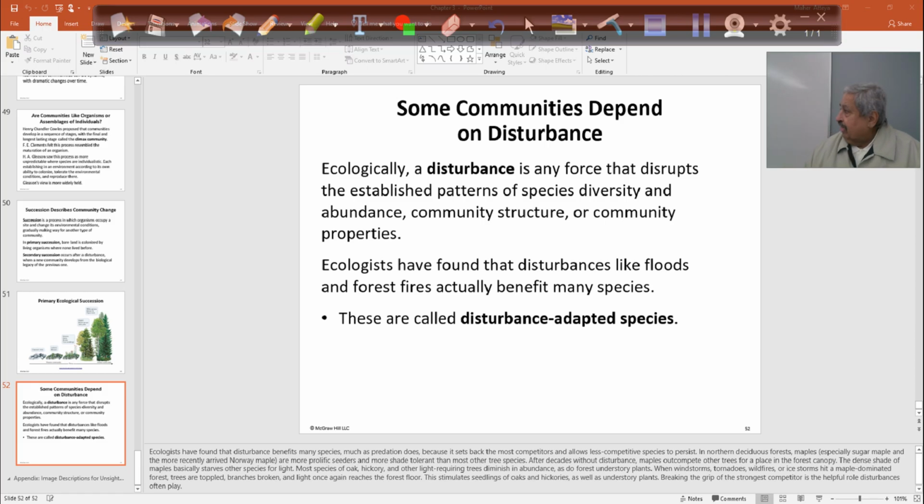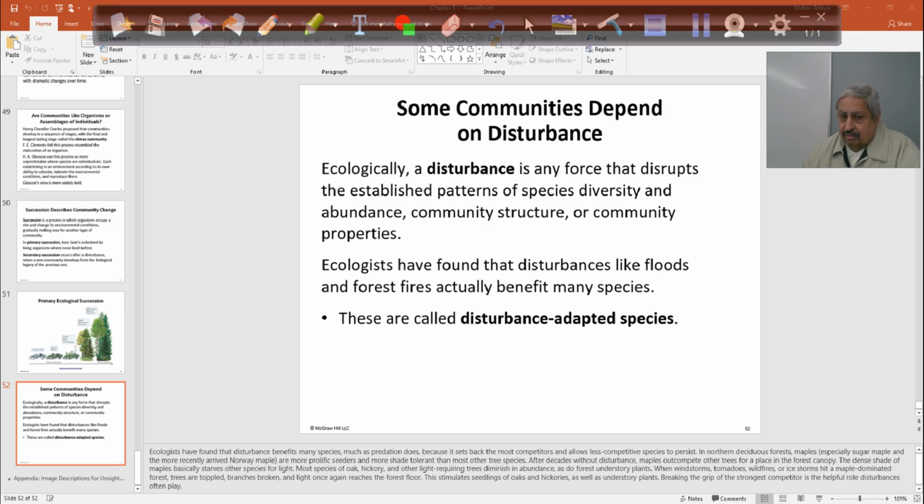Of course, flooding, earthquakes, hurricanes, wind turbulence, tornadoes, all of those disturbances really disturb the community, and therefore create an opportunity for a new community, with new abundant resources available for those species.